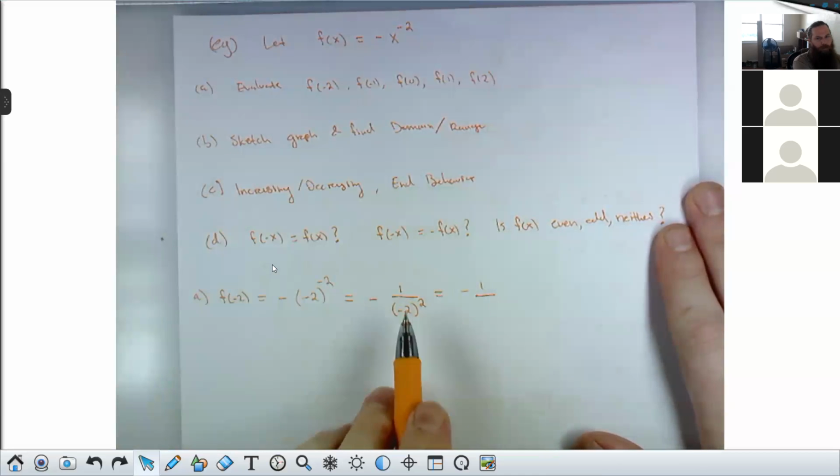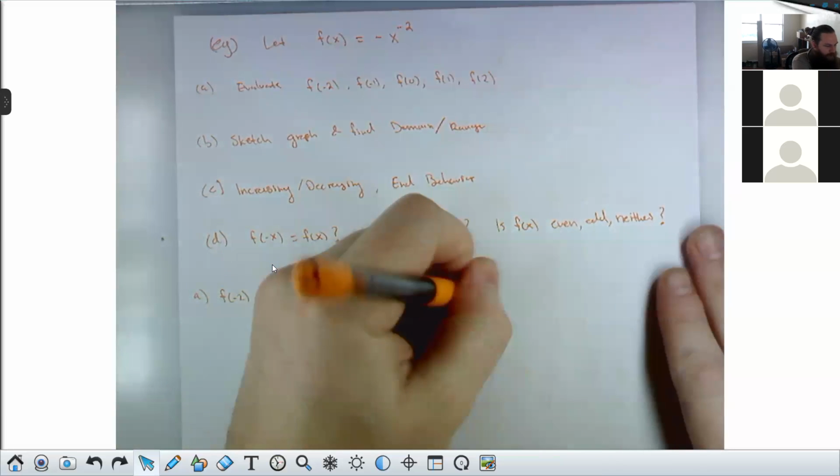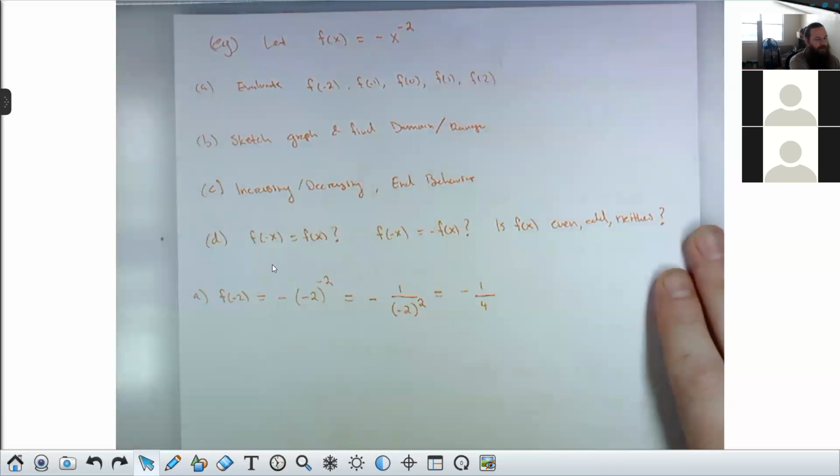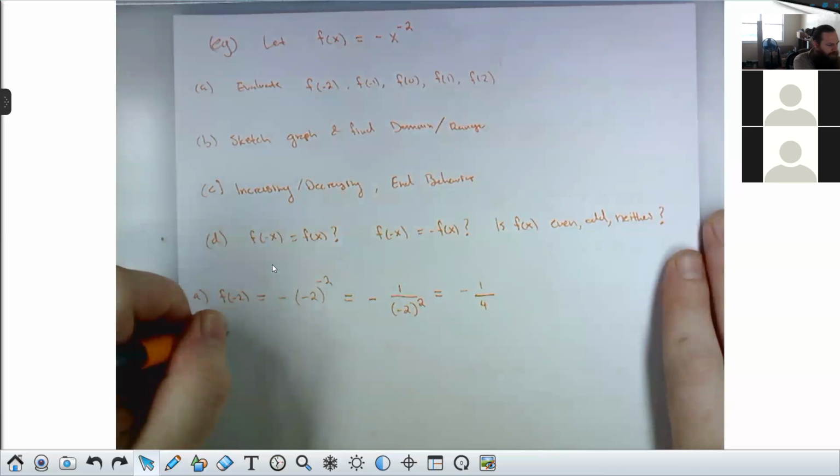If I multiply -2 by itself, what do I get? Four, good. -2 times -2 is +4. So this is -1/4, done, right? Faster than a calculator, if you think about it.